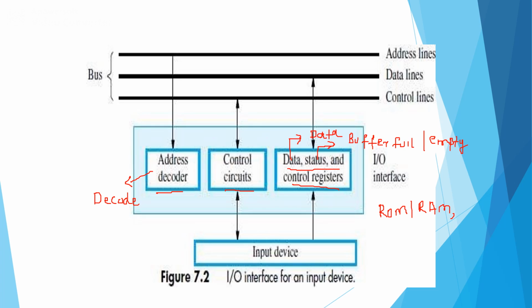which is used by the processor to verify the status of the device. The speed of the processor and IO device may vary. Why? Because the speed of the processor is very fast compared with an IO device. Also, since IO devices are manually operated, in many cases like a keyboard, for example, a keyboard is also an IO device, there may not be synchronization between the CPU operation and IO operations.